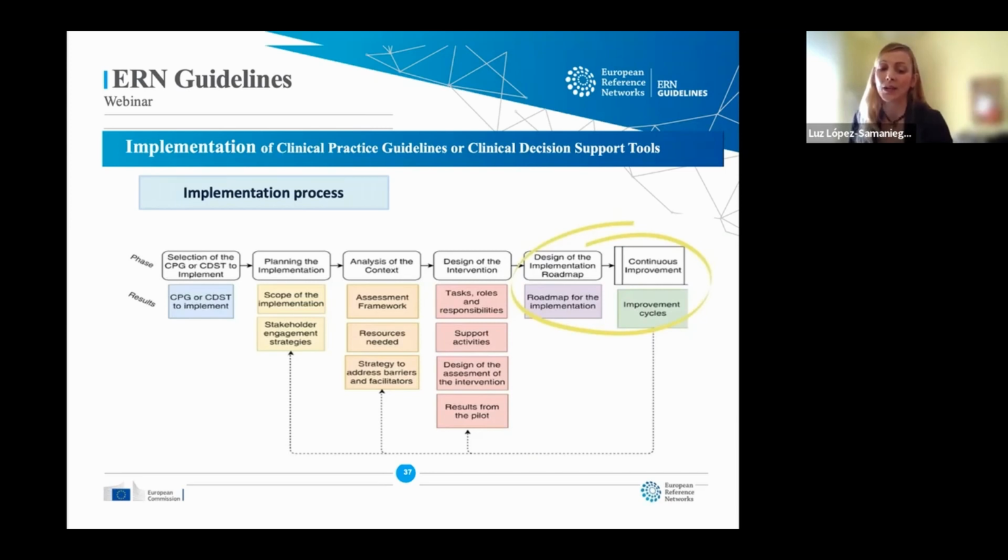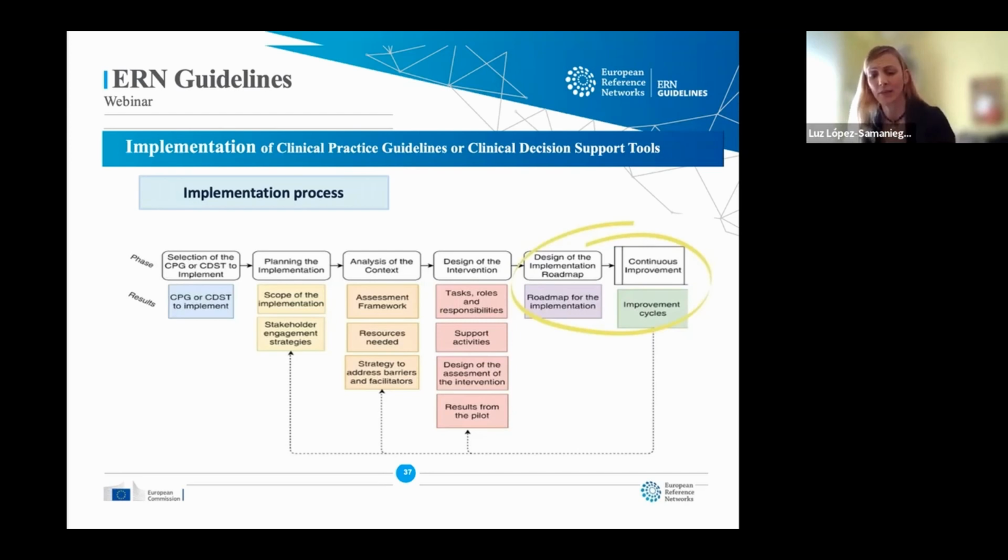resources needed. The required structure and actions for the implementation are identified and quantified. Examples of a structure are material, human resources, systems to collect information of the implementation process, financing, or means to incorporate new elements or health technologies, etc. And examples of actions are training, dissemination of professional material, feedback, reminders, and so on.